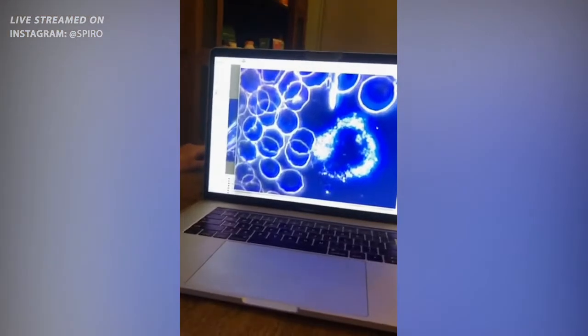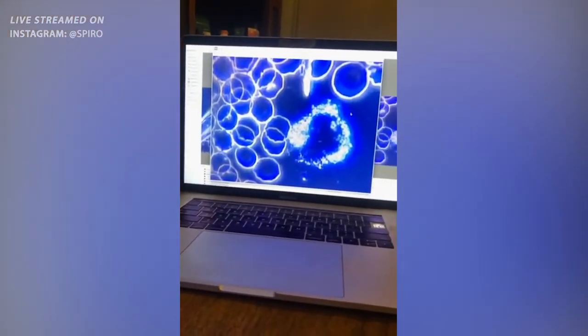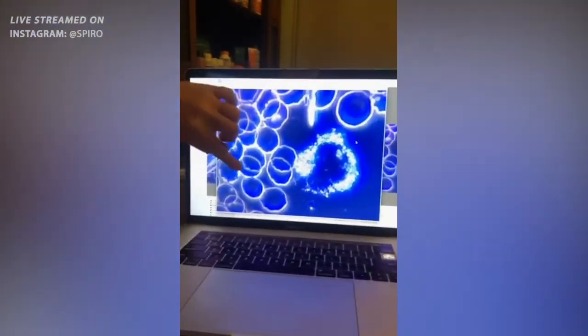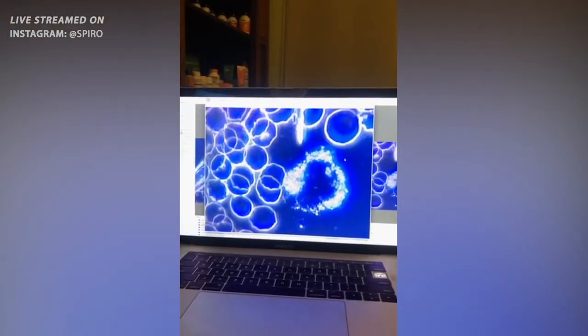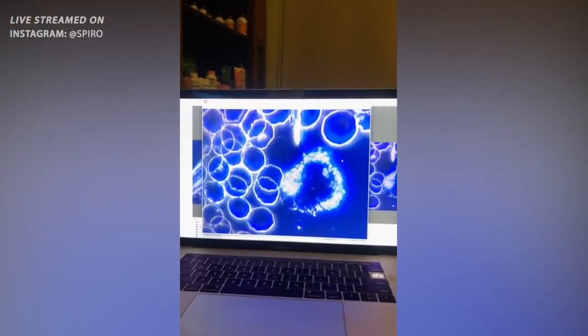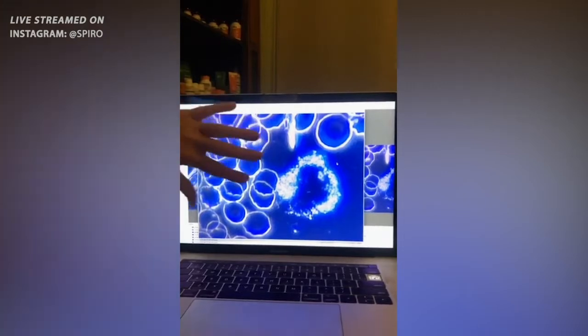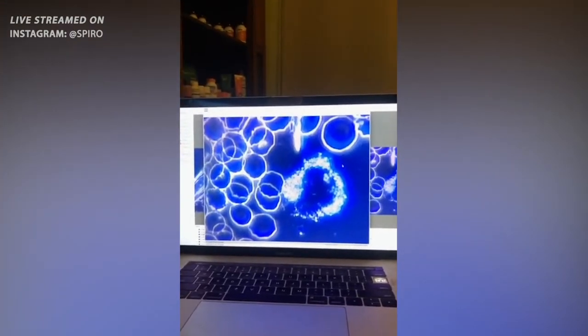I took this because you can actually see the cell surfaces here are really not healthy. The cell membranes are not healthy. That's usually happening with some intoxication.